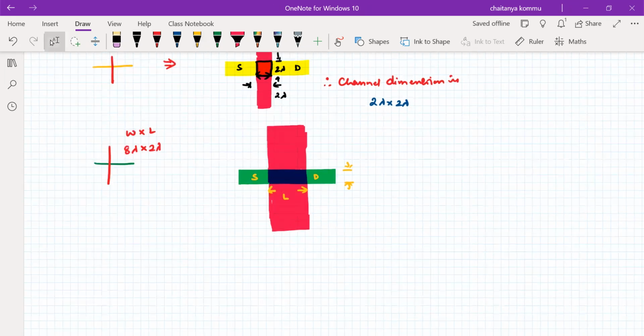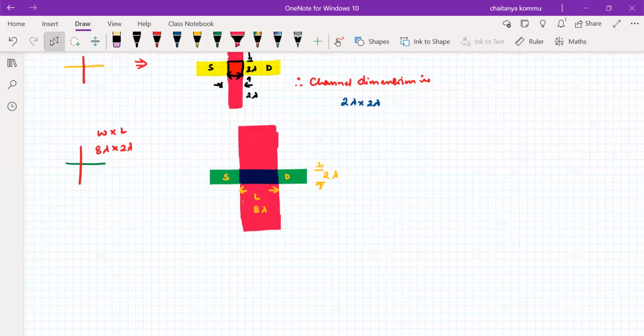Okay. So therefore, what we do is that this is called 2 lambda, and this is called, for example, 8 lambda. So therefore, length is actually 8 lambda. The width of the channel is 2 lambda only, but it is reversed. What I have to do then is that the length is 8 lambda and this is 2 lambda.